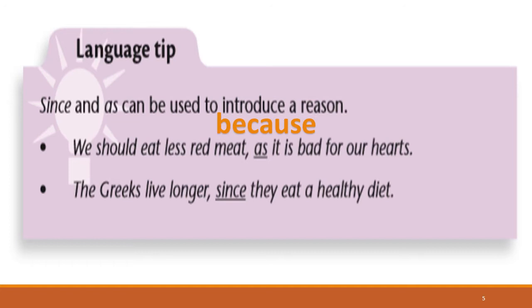We have another example. The Greeks live longer since they eat a healthy diet. Why do you think the Greeks live longer? Since they eat a healthy diet. It means because they eat a healthy diet.